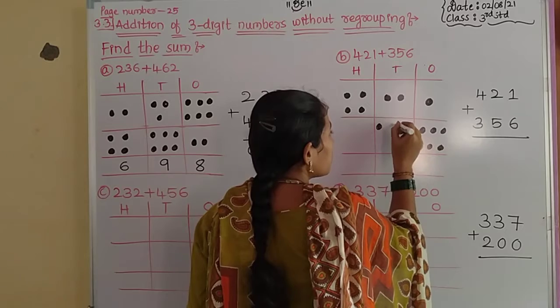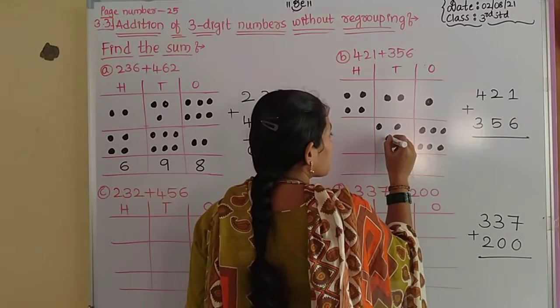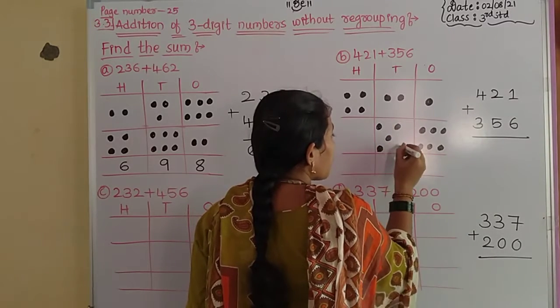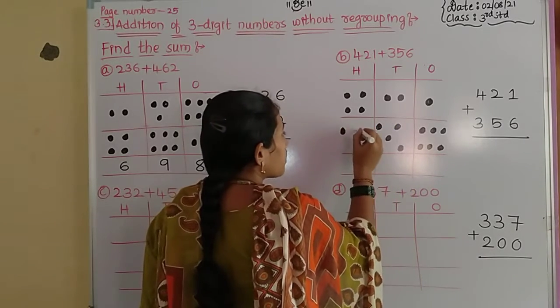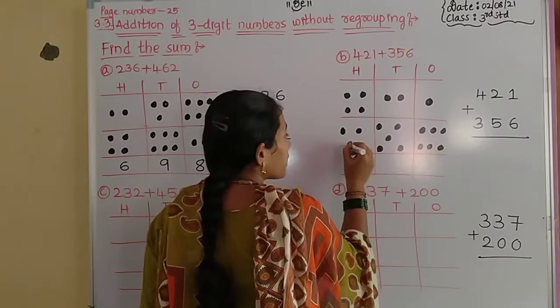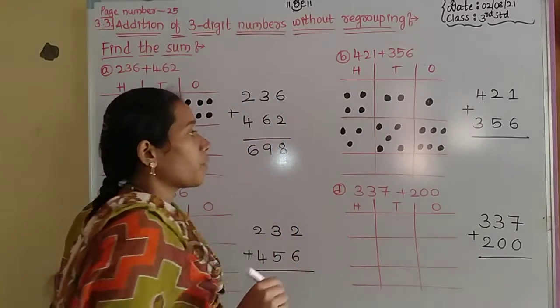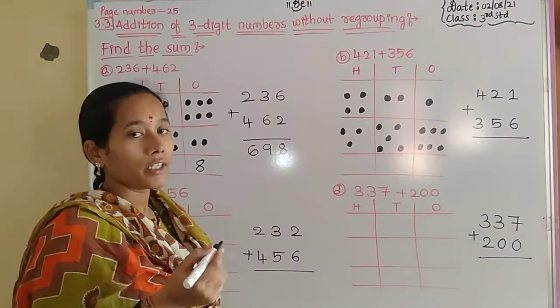Then 5 is in the tens position; after the ones placement we add the numbers in the tens placement. Then 3 is in the hundreds position; after the tens position we add the numbers in the hundreds position. So we get the answer for the given question.